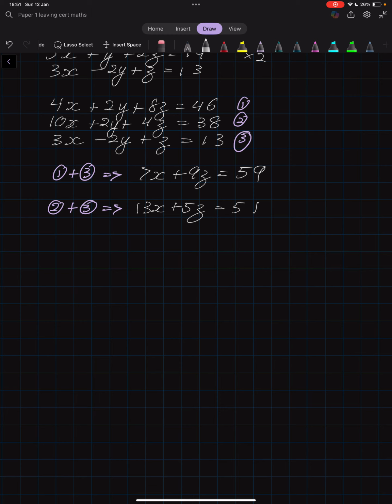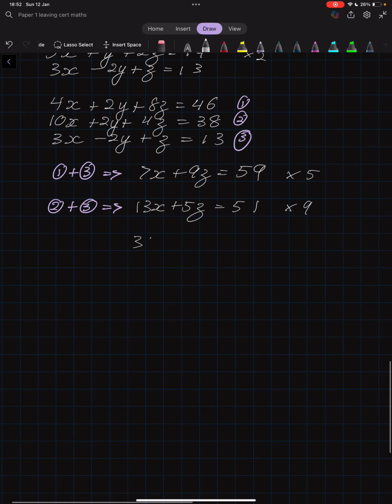So I'm going to multiply the top equation by 5 and the bottom equation by 9, because the lowest common multiple of 9 and 5 is 45, and therefore I want to multiply the 9 by 5 to get 45 and the 5 by 9 to get 45. So when I do this, I'm going to get 35x plus 45z equals 295.